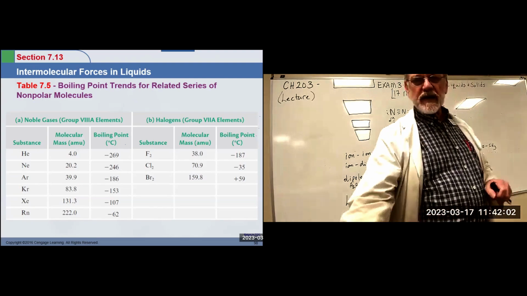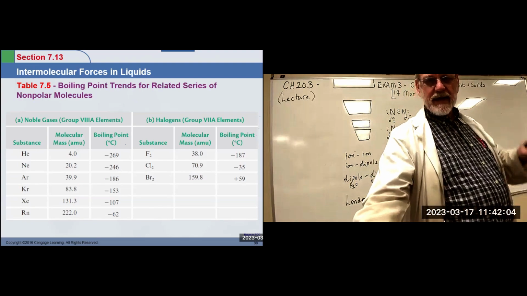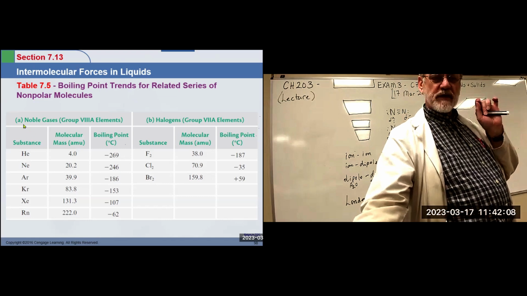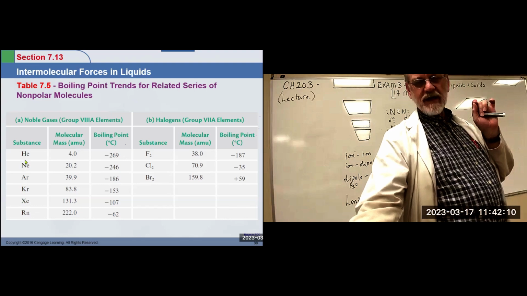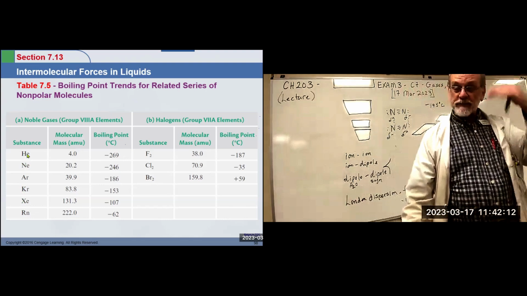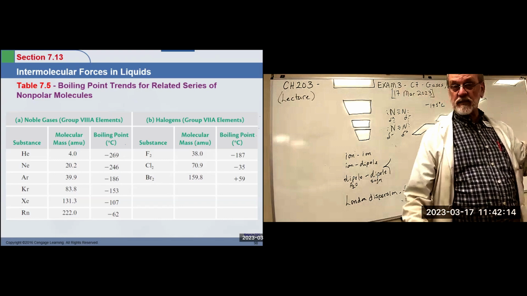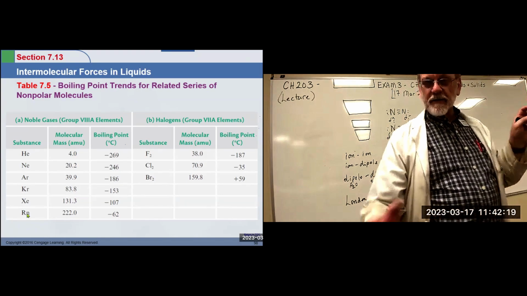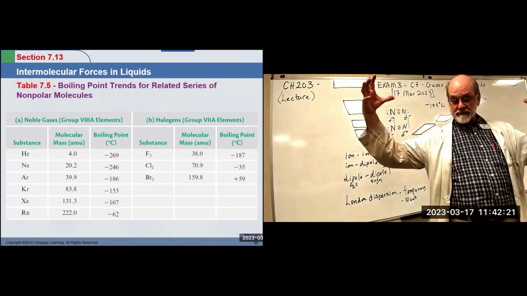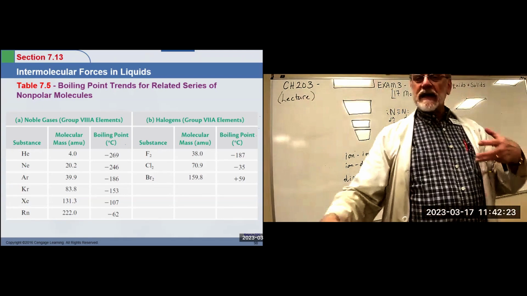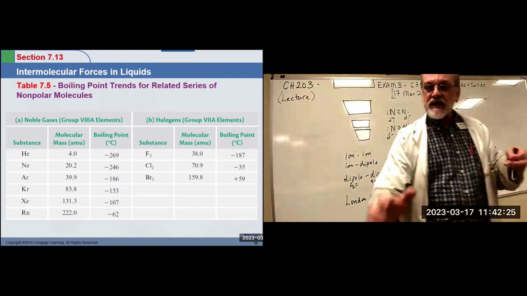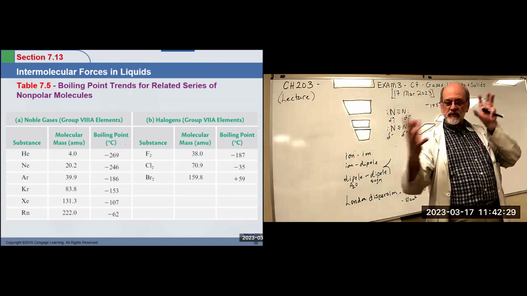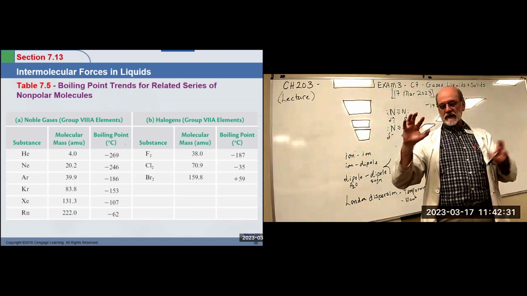So let's focus on the noble gases. All right. These are in order from top to bottom as they occur in the periodic table. So as we go from helium down to radon, the atoms are getting bigger. As they increase in size, we have more room to redistribute electron density.